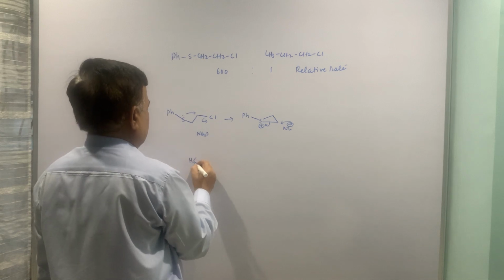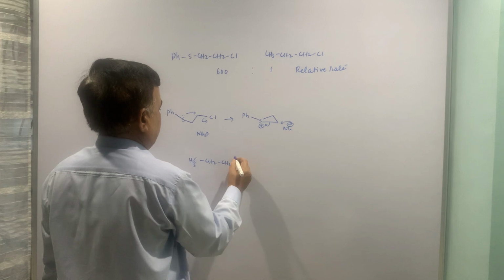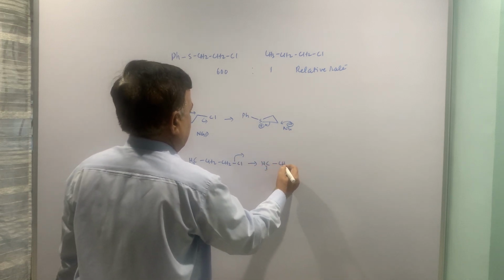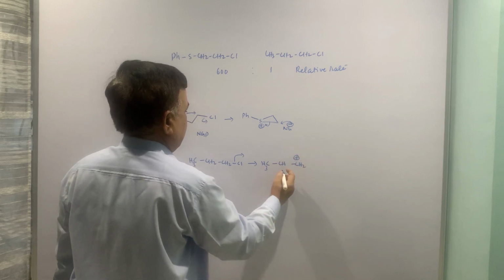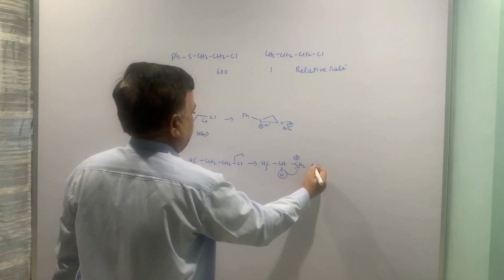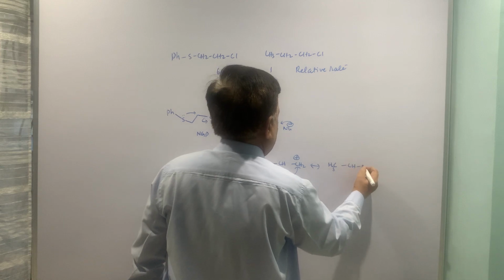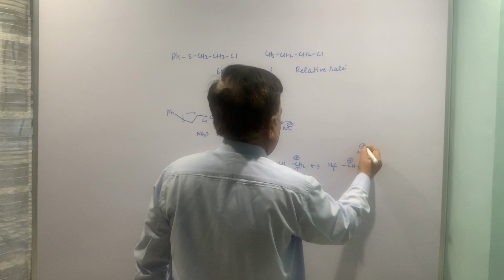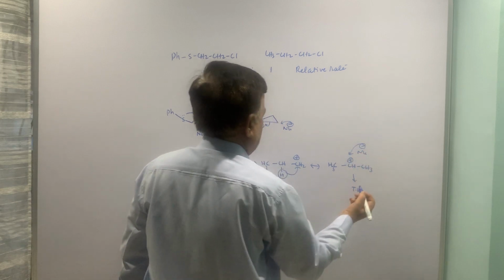In the second case, there is nothing. You can see only heterolytic cleavage of this bond, and then it will be a primary at the most. This will become secondary, and that is how the nucleophile can attack here, and you get the product or target molecule.